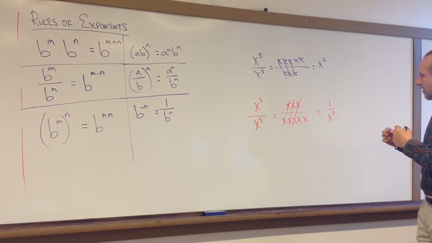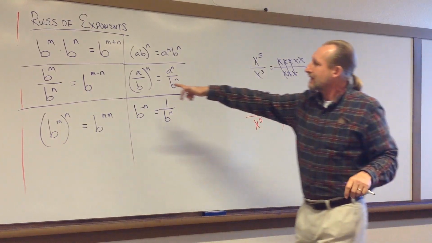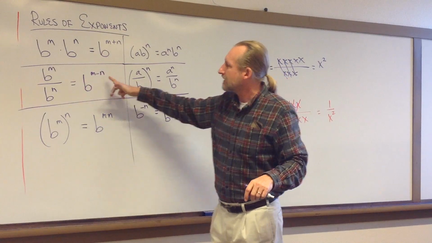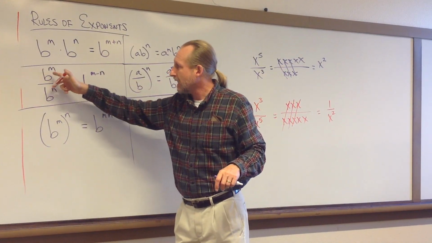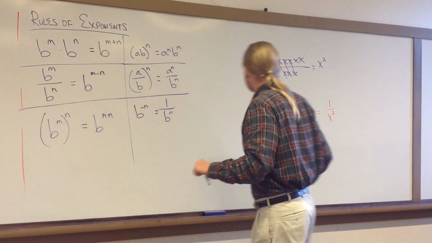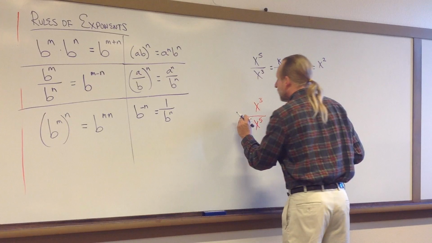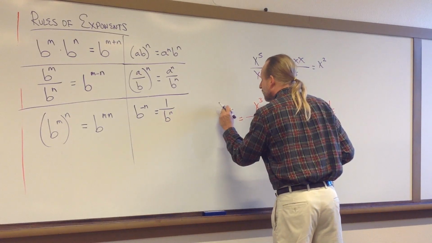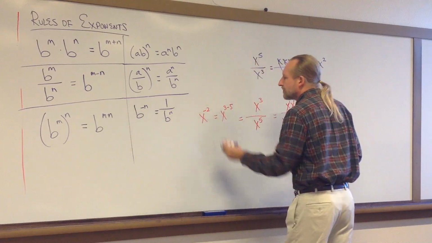Now go back to this rule, though, that says if you want to simplify this, you subtract m minus n. So let's do that. M is 3, N is 5, this is x to the 3 minus 5, which is x to the negative 2 power.